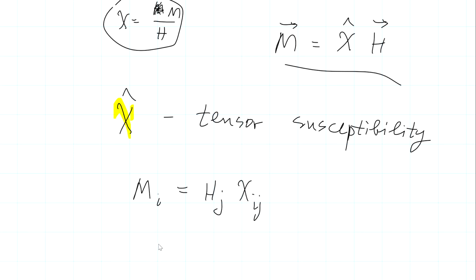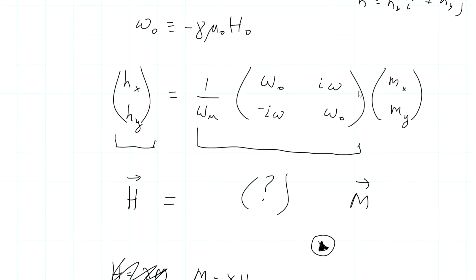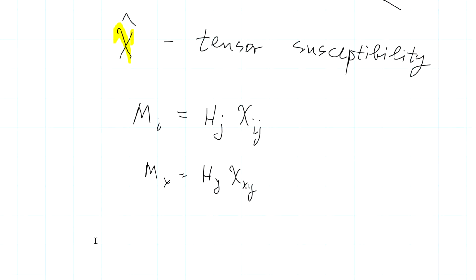So we can write, for example, mx is equal to hy chi xy. Now, if you look at this matrix here, well, it's an inverse susceptibility, so you have to think about how to get it inverted. But you always have these xx, xy, yx, yy components. You should know that from linear algebra. Anyway, that's a tensor susceptibility, so let's write it explicitly. We have to invert that.